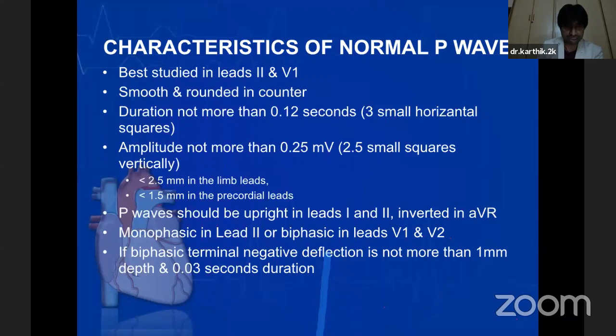When it is biphasic, that is, the initial deflection is positive, whereas the terminal deflection becomes negative by going below the horizontal axis, then it becomes a biphasic P wave, which I'll show you again in the illustrations. And these biphasic P waves are best studied in lead V1 and V2, which again has got clinical significance. So the biphasic terminal negative deflection should not be more than 1 millimeter in depth or 0.03 seconds duration or 30 milliseconds duration.